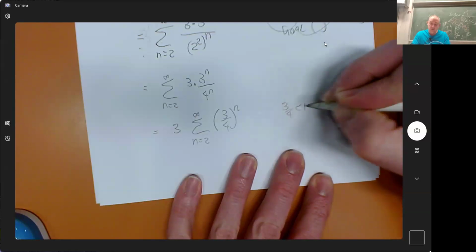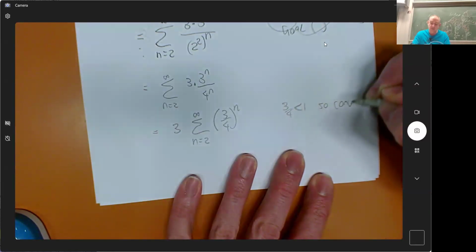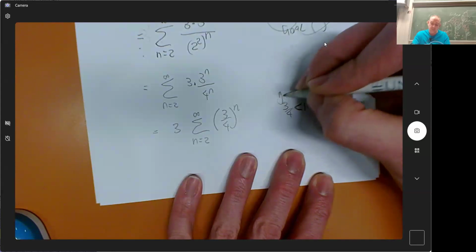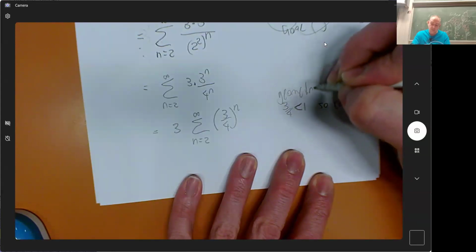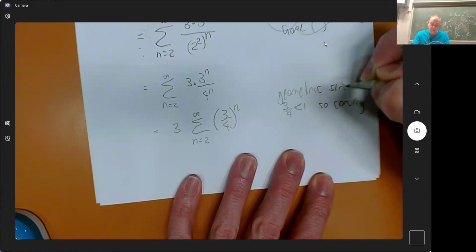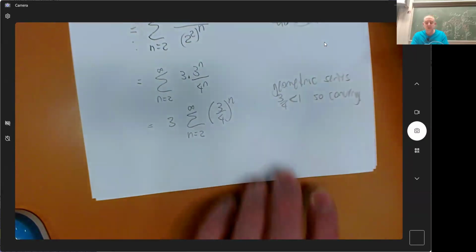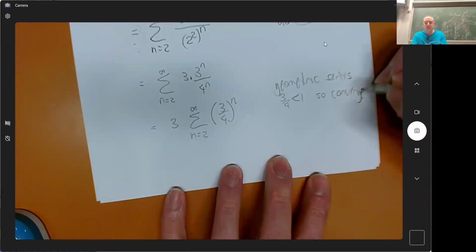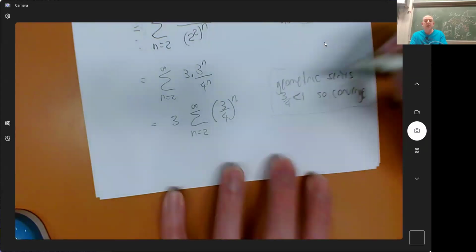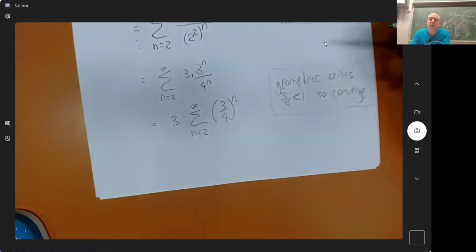It's a geometric series, 3/4 is less than 1, so it definitely converges. If all they asked was, does this converge, I could stop there. I could have done the ratio test as well. That would have worked too.